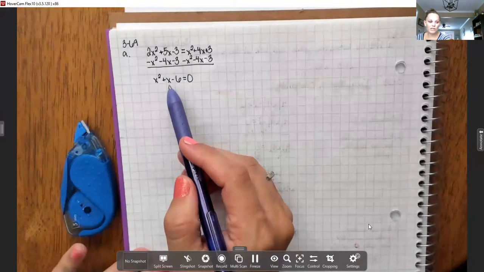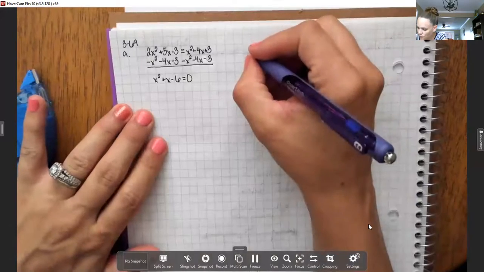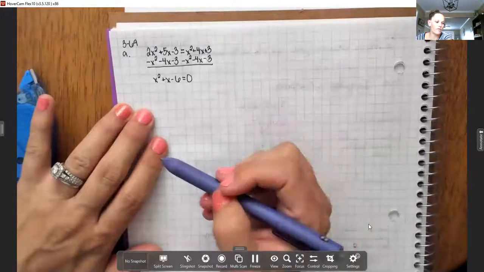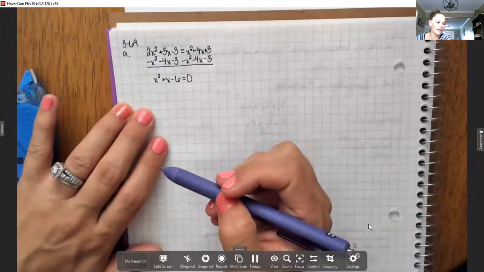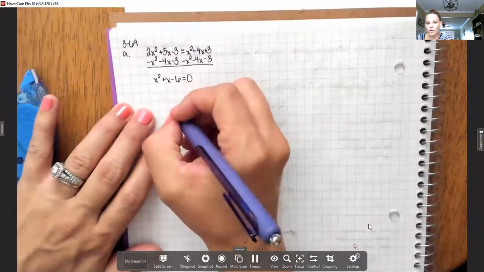So they want us to sketch this for part B. So a couple of different ways we can go about doing this. We can factor it. We can do the quadratic formula.